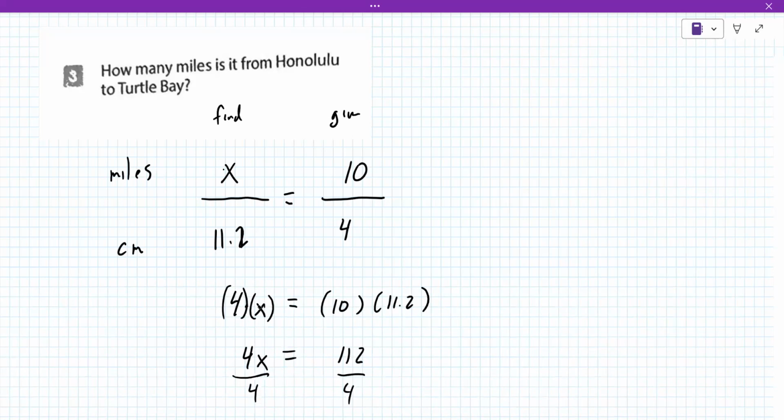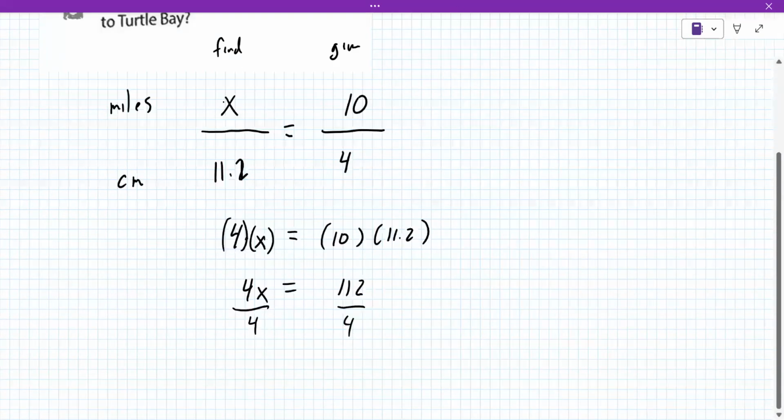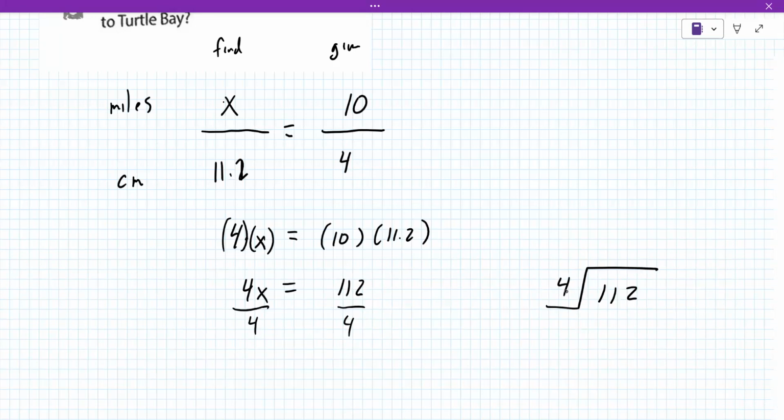Now, are you allowed to use a calculator on this one or not? No, I don't think so. Okay, so we'll go ahead and work that out longhand. 4 on the outside, 112 on the inside. It does not work out perfectly. It's a small decimal, but it's not horrible. Hopefully not too many of these require that. Actually, they're all the same.